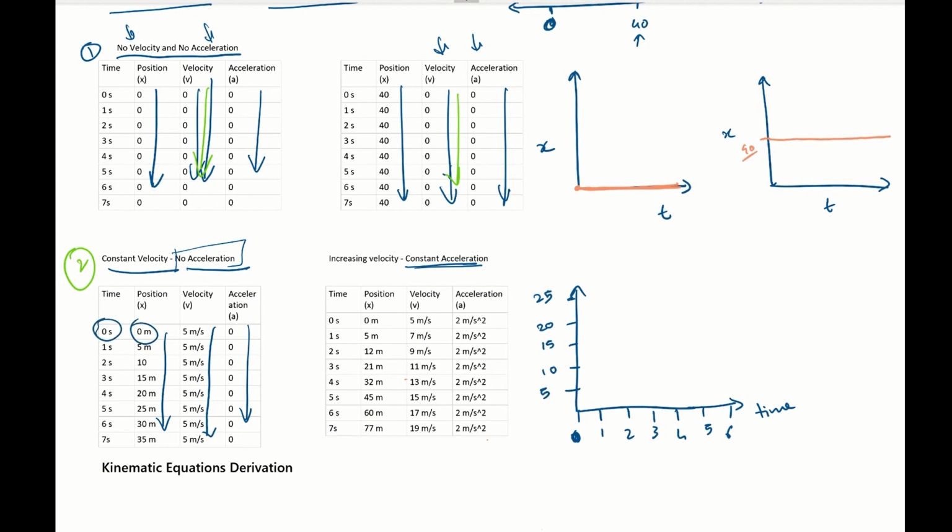At time 0 we have it at 0 meters, so it is somewhere over here. At 1 second you have it at 5 meters, so the position is over here.